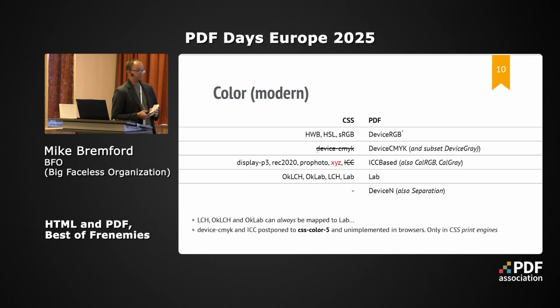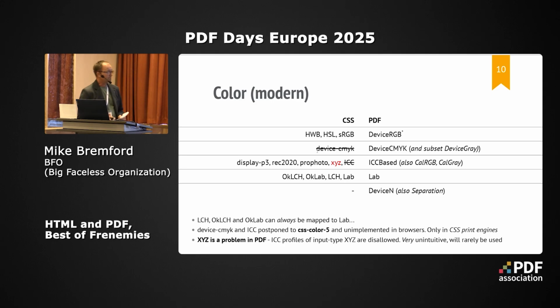And we have a small problem in PDF, the XYZ space. This allows you to specify colors directly in the CIE XYZ space. And this is actually working in all browsers today, but it's slightly awkward for us in PDF. XYZ is normally used as the profile connection space for ICC color, so it's trivial to create an ICC color space that supports it.